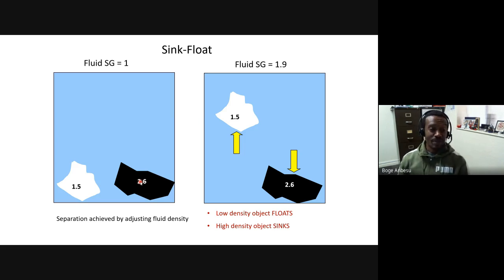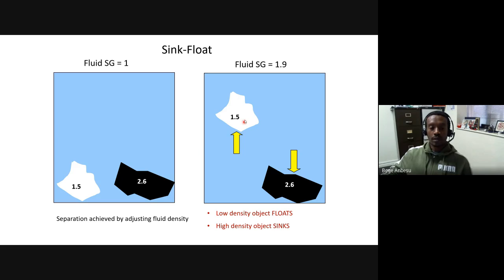How about we change the media density? Instead of using water, let's say we use a media or a fluid that has specific gravity of 1.9. That's significantly larger than water in specific gravity. In this case, you would expect the particle with specific gravity of 1.5 to float, and the particle with specific gravity of 2.6 to sink. Again, this is mainly to do with the density of the media. In a 1.9 specific gravity media, a particle with specific gravity of 1.5 is expected to float.